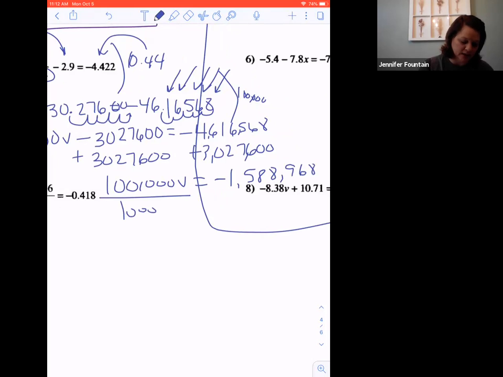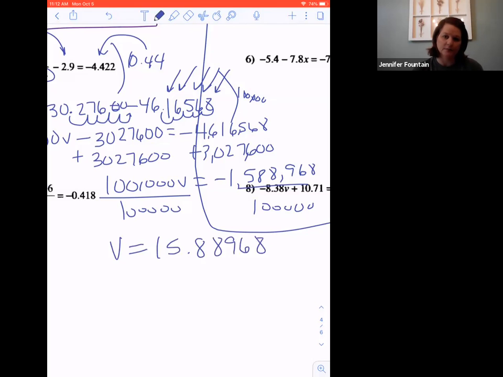Divide by 100,000. Divide by 100,000. v is equal to negative 15.88968. Okay, so you could have multiplied and cleared your denominator, and first you clear your denominator and then you clear your decimals.